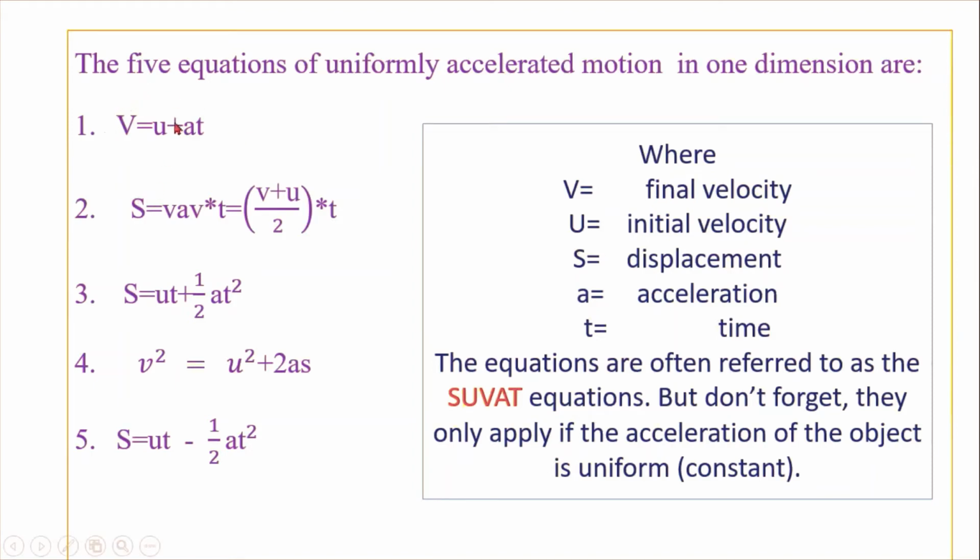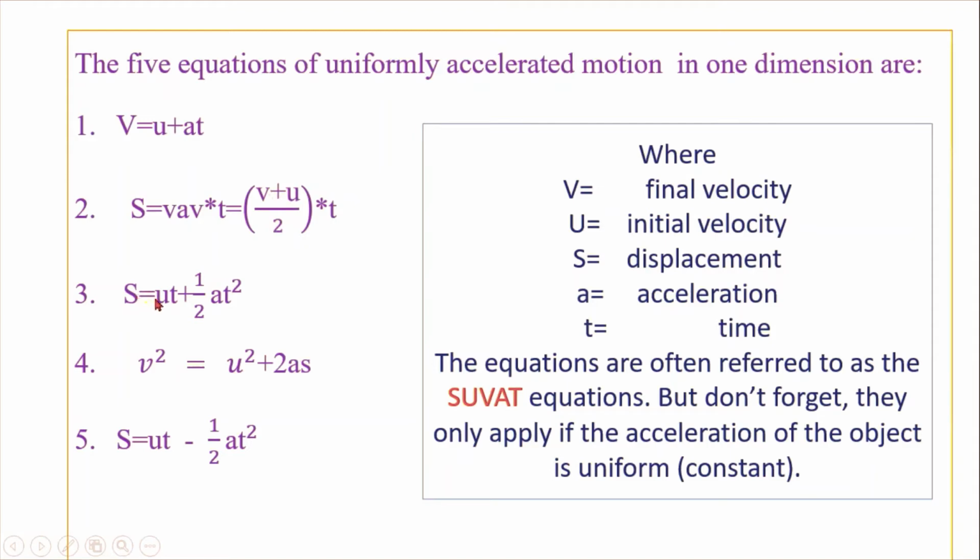These sets of equations, which are well known in one-dimensional motion for uniformly accelerated motion, are the following. The first equation is v final equals v initial plus acceleration times time. The second equation, displacement equals v average times time, where v average can be rewritten as v final plus v initial over 2 for constant accelerated motion.